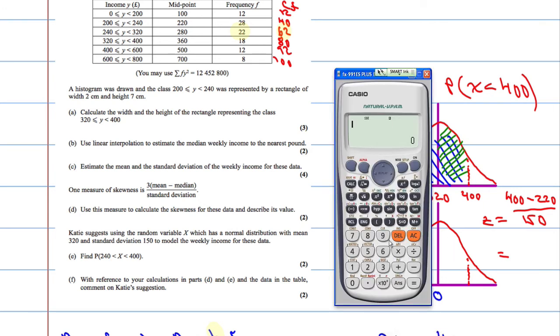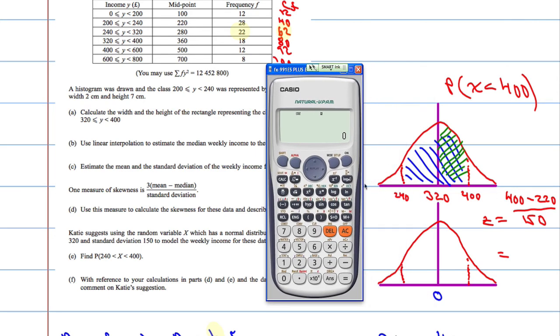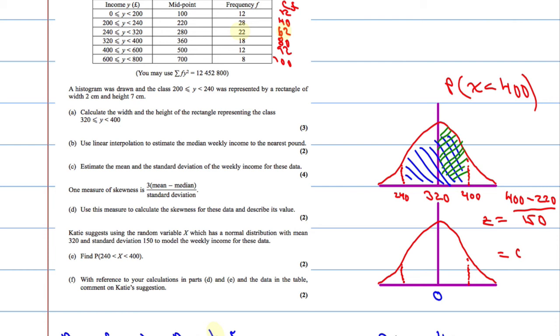So 400 take away 320 is 80. 80 divided by 150 is going to give me 0.533, and the 3 is recurring. That should have been a 320. Okay, so Z is 0.533.